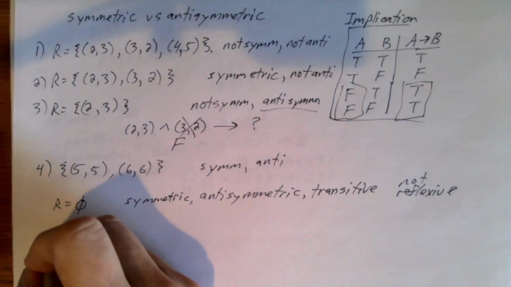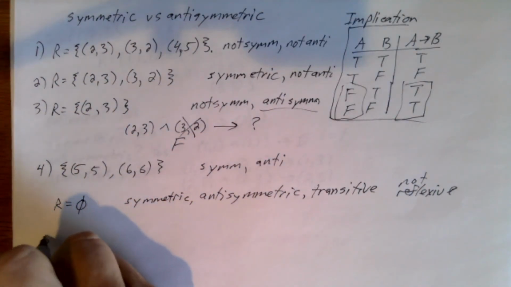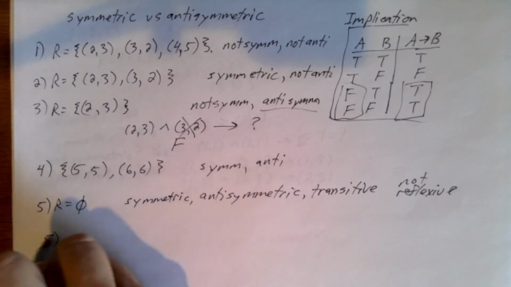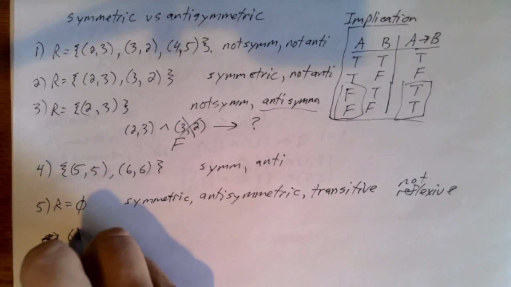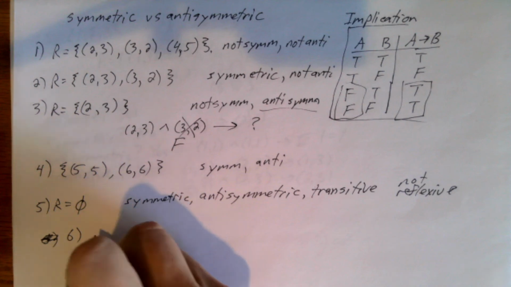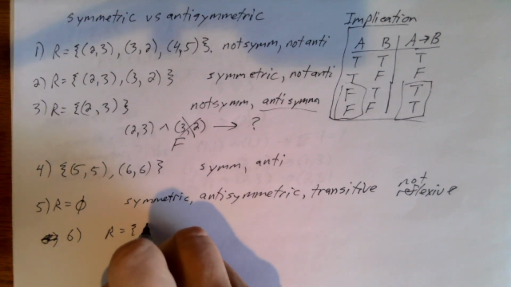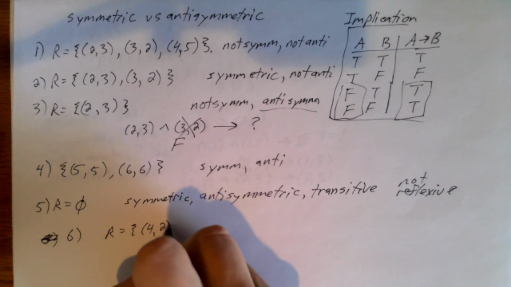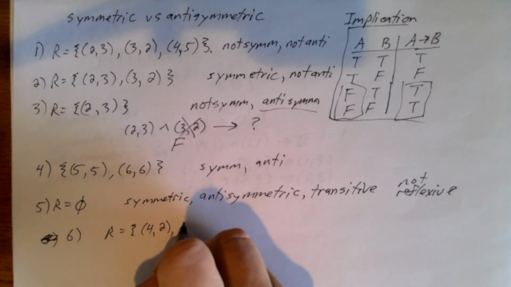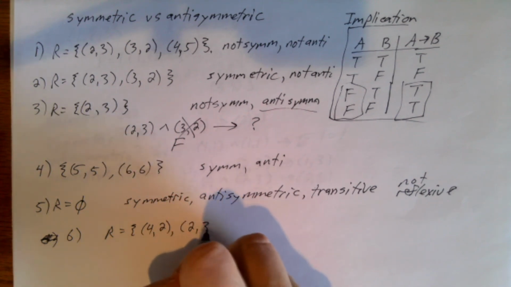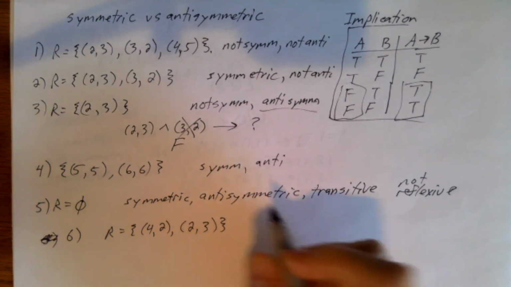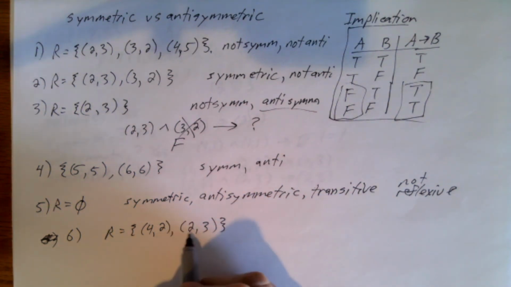Let's look at a couple of transitive examples. And we'll call this 5, actually. Call this 6. We're only looking at transitivity. We have 4, 2, and 2, 3, but where's the 4, 3?